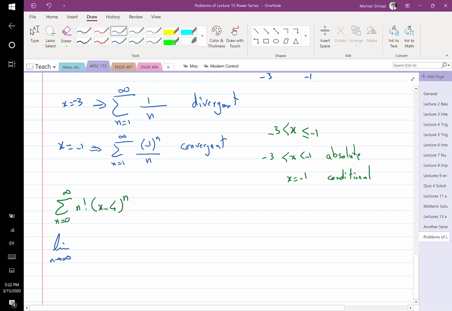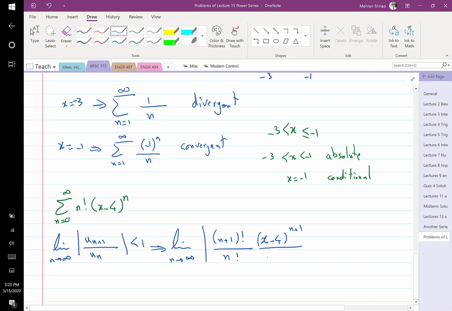Limit of u_{n+1} over u_n. It's the limit of (n plus 1) factorial over n factorial, and then we have (x minus 4) to the power of n plus 1 over (x minus 4) to the power of n.